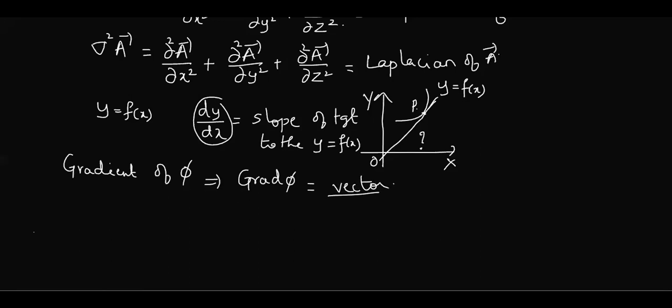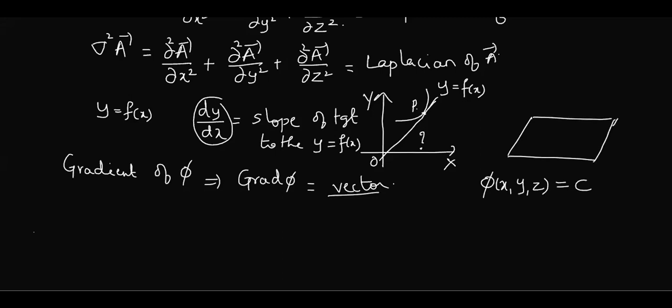Okay, you are aware of this. So suppose I have a function phi and I'm applying the gradient on that. If phi is a function of x, y, z, I will equate it to some constant c and prepare some surface.